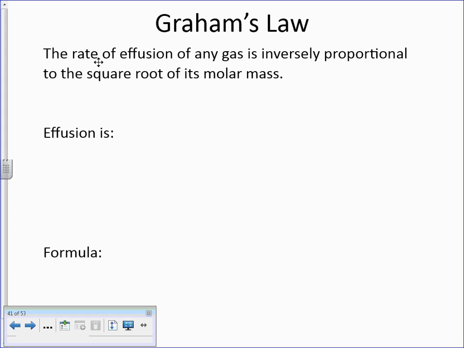So heavy things move quick or slow? Slow. Small things move fast. And so that's basically what this is getting at. There's a formula for it, though, okay? So tell me what effusion is again, and I'll draw a balloon to remind you of that.